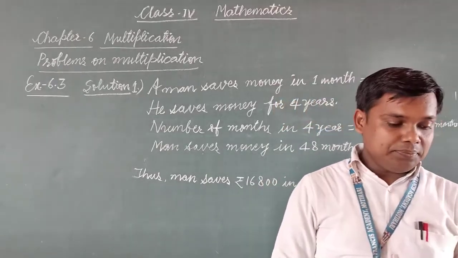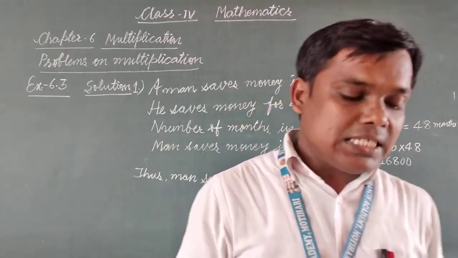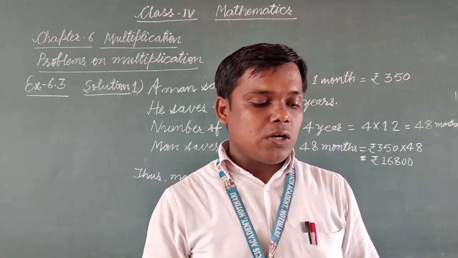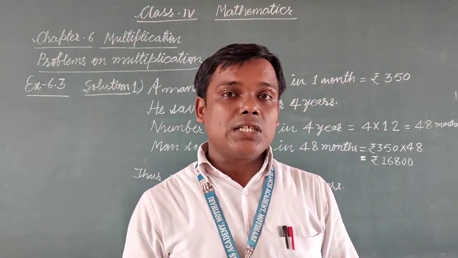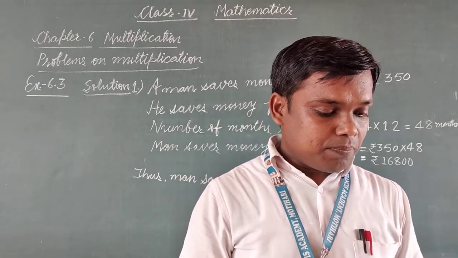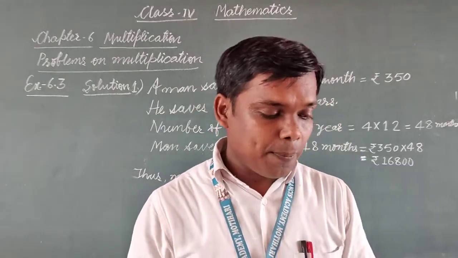Read question. The cost of a toy is 775 rupees. Find the cost of 15 packets if each packet contains 4 toys.